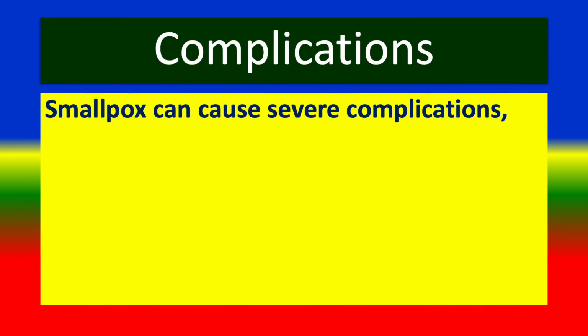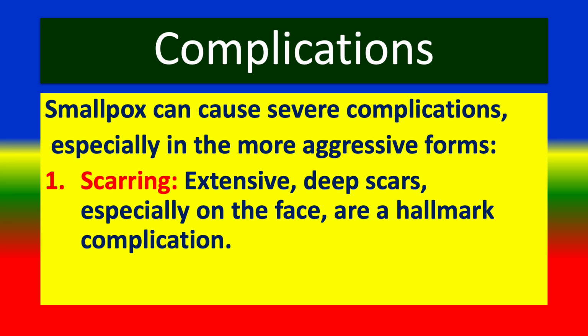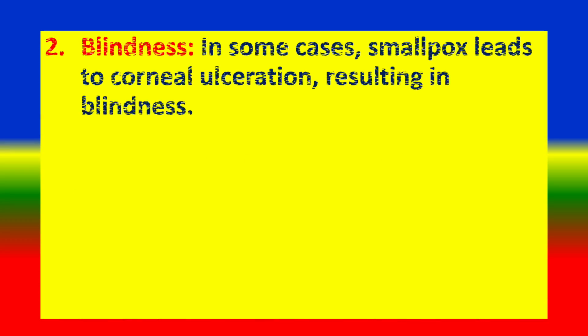Complications. Smallpox can cause severe complications, especially in the more aggressive forms. 1. Scarring. Extensive deep scars, especially on the face, are a hallmark complication. 2. Blindness.